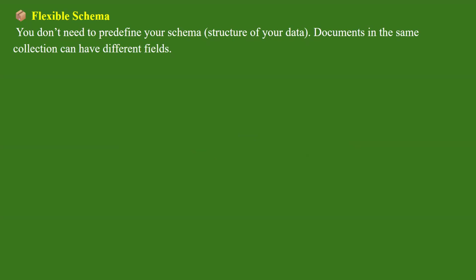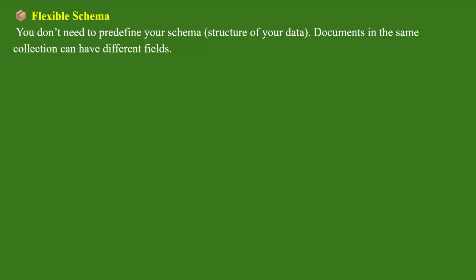So what is the meaning of not defining a schema? It means you need not decide what type of data you want to store for a particular entity. For example, if I want to store the data for a user, then I should not decide what data I need to store. I can store any amount of data, any type of data for any user.